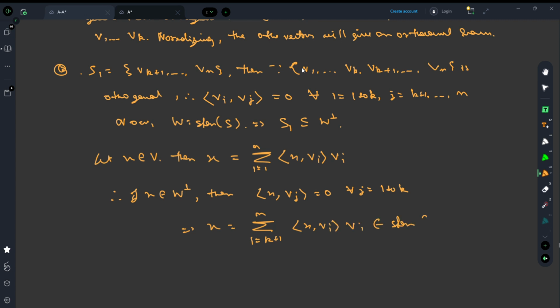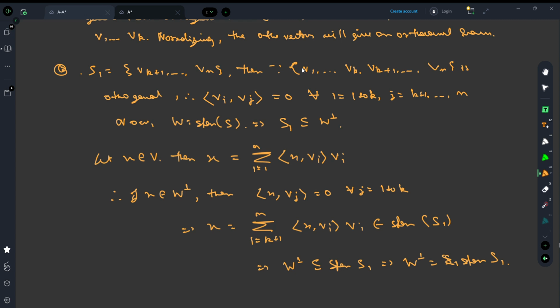Therefore, this linear combination gets shortened to i equals k plus 1 to n, inner product of X with Vi times Vi, but this is in the span of S1, right? So this implies W perp is in the span of S1, which implies W perp is equal to the span of S1. I guess this part is clear.